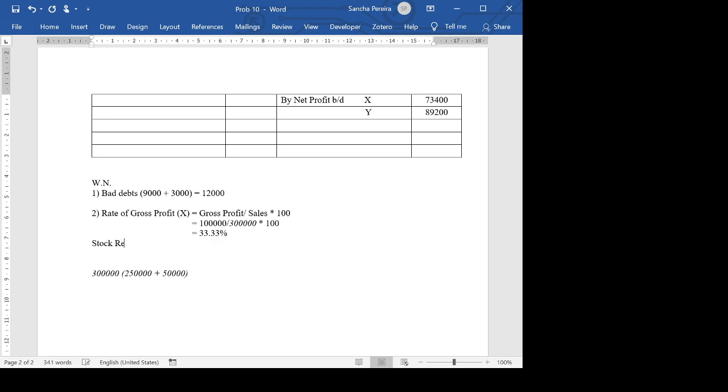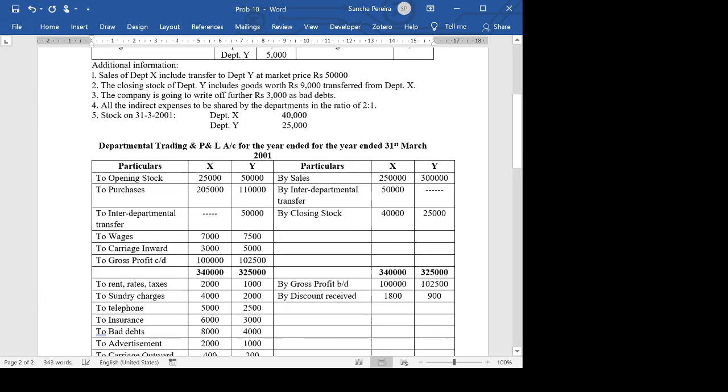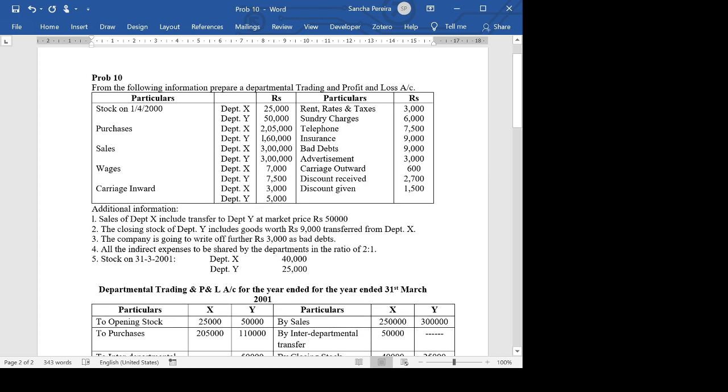Our stock reserve is equal to how much of the stock in Y has come from X, because only that stock is valued at market price. The remaining stock is valued at cost. Out of 25,000, the entire 25,000 has not come from X. In the previous problem, the entire stock of the second department was from the former department.